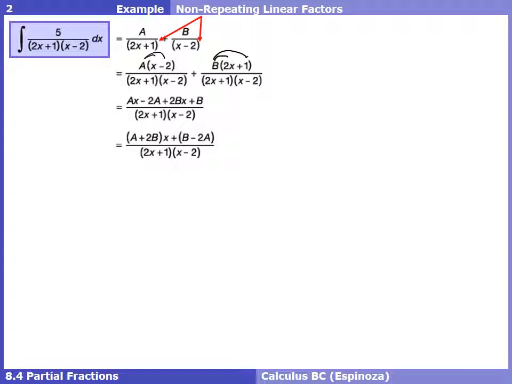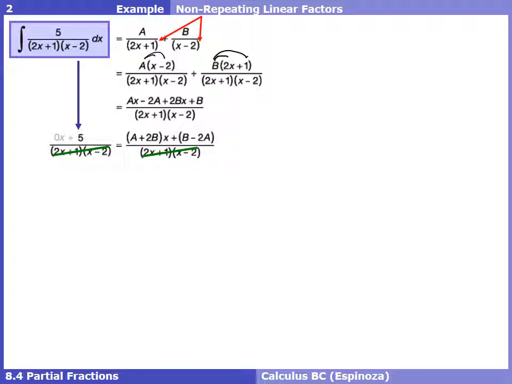And like I was saying in that last problem, we don't have to write in the original fraction in every step, but just realize this is an identity. We know this set of fractions is equal to the original fraction, so of course, all of these things are equal to each other. Just like you saw in the last slide, there is no x term in the top of our original problem, so we have to consider that to be a 0x.